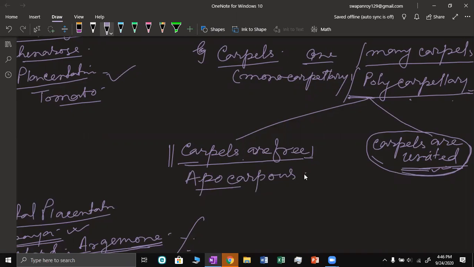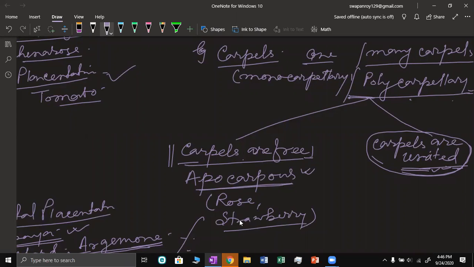So the gynoecium or the ovary is apocarpous. Apocarpous condition we find in rose. Apocarpous condition we find in strawberry.